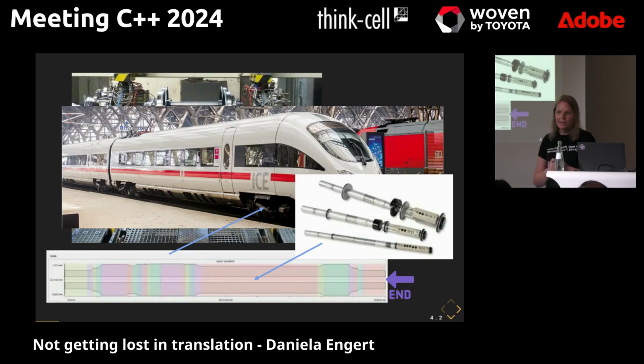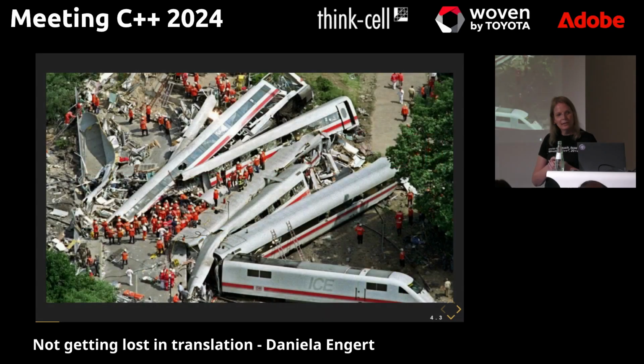The company is 15 years old right now, and the founding story of this company is actually this particular incident or accident in Germany. It was in the past year of the last century where the biggest train accident happened in Germany.